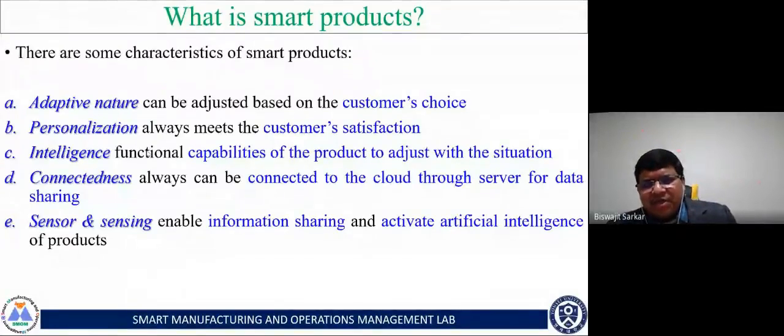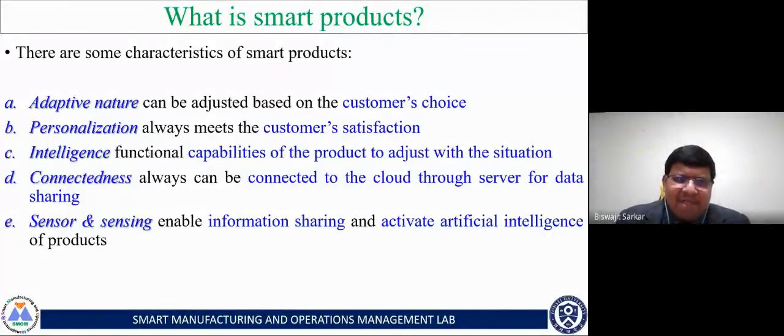So this doesn't meet our satisfaction. The combination of adaptive nature and personalization means that whatever I say and whatever they provide should meet our satisfaction level. If we get that satisfaction, the product will be sold. Otherwise, even though this is a smart product, it is not sold.